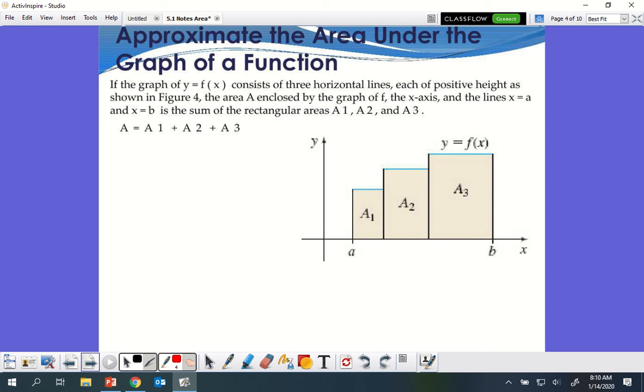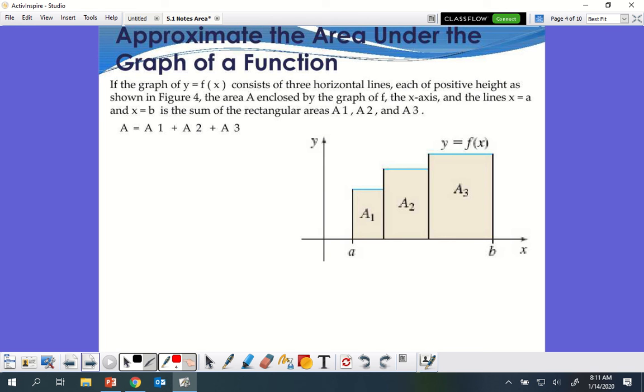Okay. So it says a whole bunch of words, but a lot of people get screwed up by that. The area A, the whole area, is referred to as just A. Enclosed by the graph of f, this one right here, in this case, is a step function.